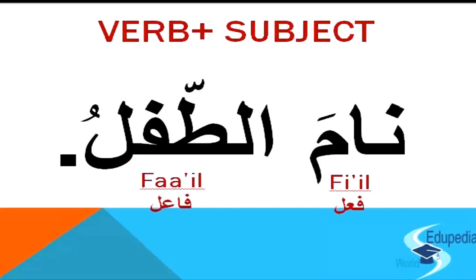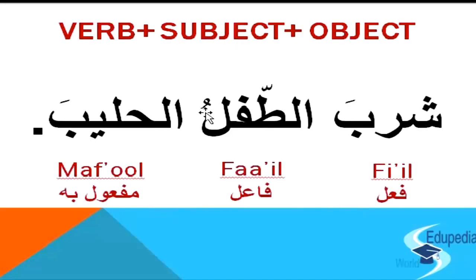For the vowels of فاعل, the subject, if it is singular definite, it takes dhamma, singular indefinite, it takes double dhamma. For the object مفعول به, singular definite, just one فتحة, singular indefinite, double فتحة.